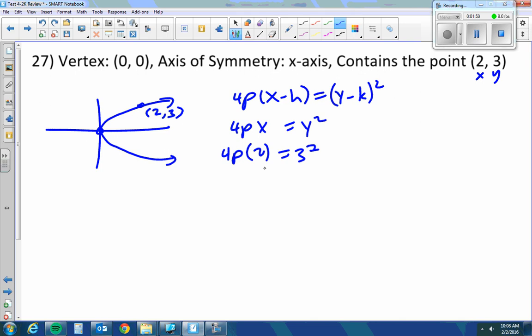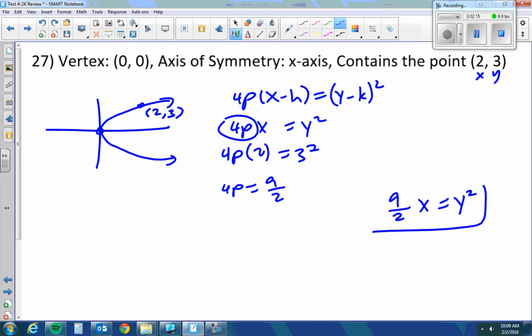And while we could solve for p, frankly, our goal is to write the equation, so what we really want is just 4p. And 4p equals 9 over 2, which means the coefficient is 9 over 2. And there you go, there's your equation. Kind of a weird looking equation, but that's your equation for the horizontal parabola that goes through the origin.